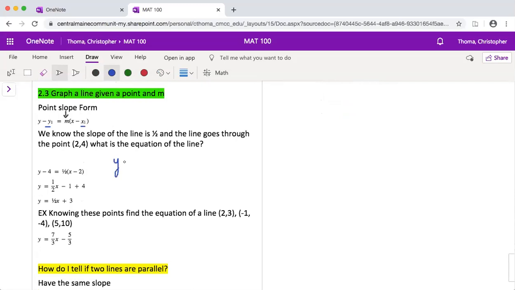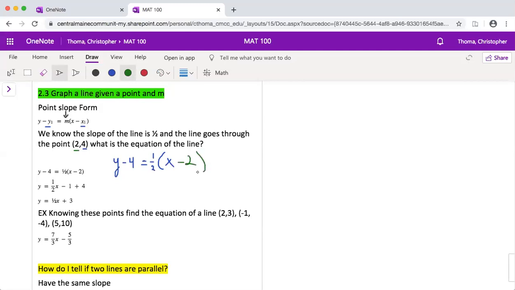But y minus y1, I'll leave that blank for a minute, equals m. Well, the slope is 1/2, so I just put 1/2 there. X minus x1. So now I'll go from my point. Remember, my y value is always the second number, so this is going to be y minus 4. And then my x value is the first number, so that is going to be x minus 2. And there's the equation of my line.